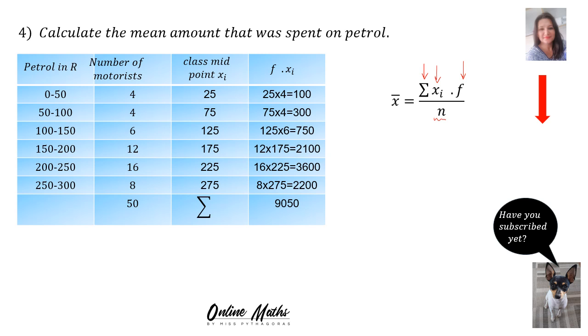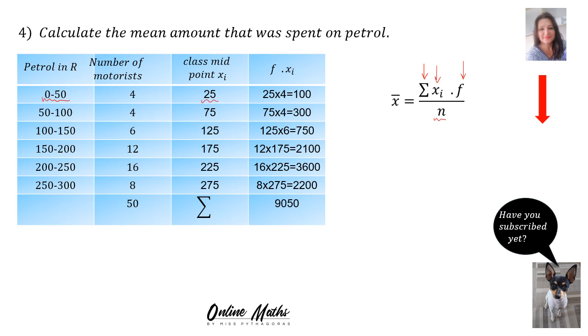So what you will do is, when you go to the table, you will see that I added a column. I called it class midpoint Xi. Now what is that? That means you go to your class interval 0 up to 50, and to find the midpoint you add 0 plus 50 and you divide by 2 and you end with 25.